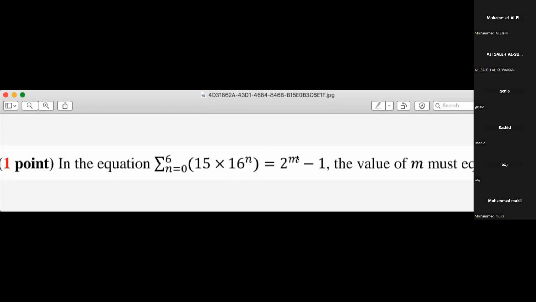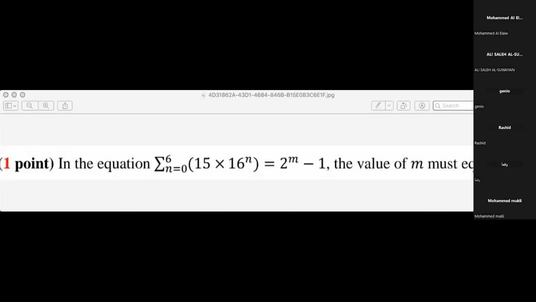So let me open the text pad. So many windows open.